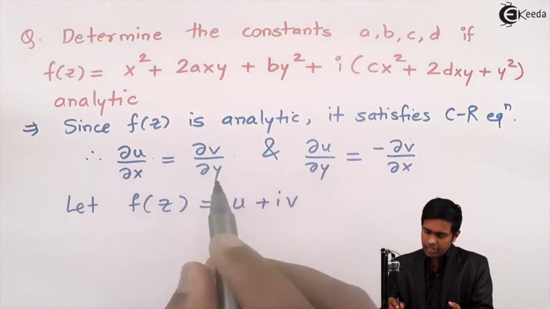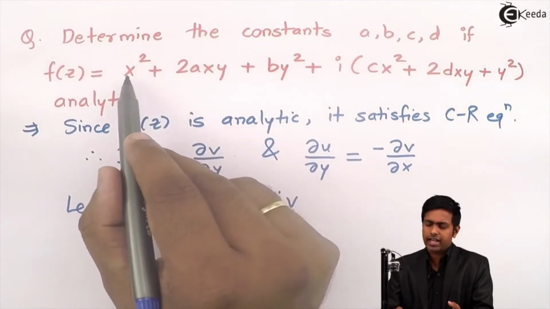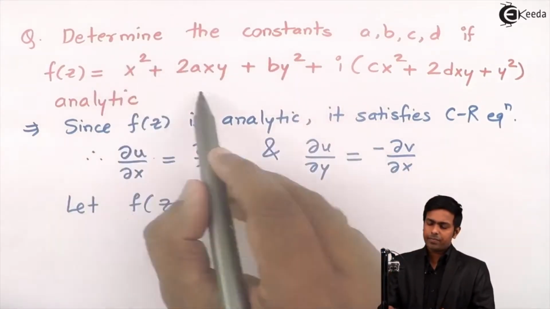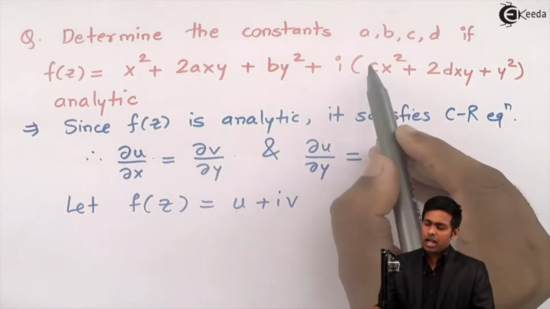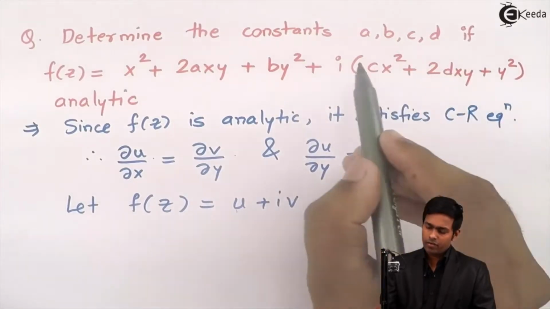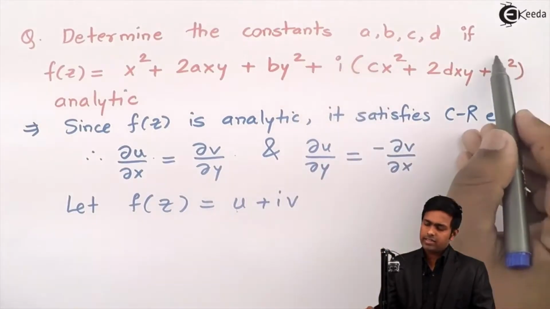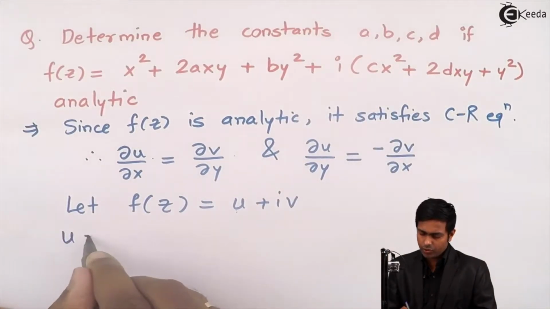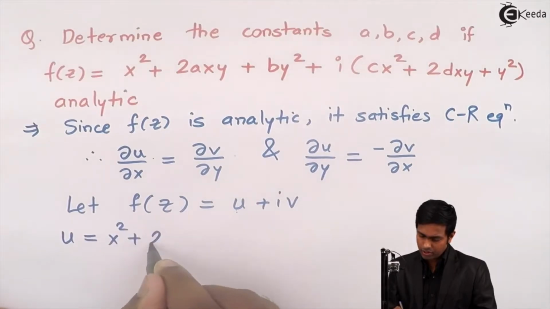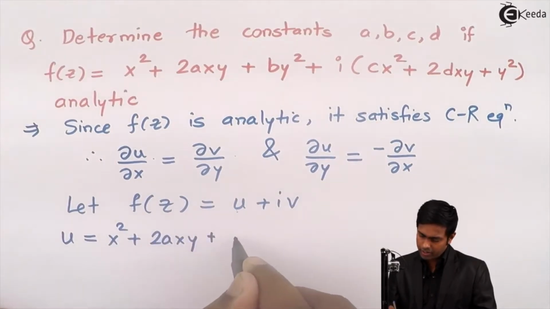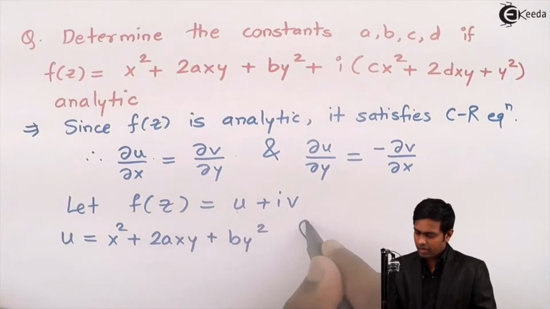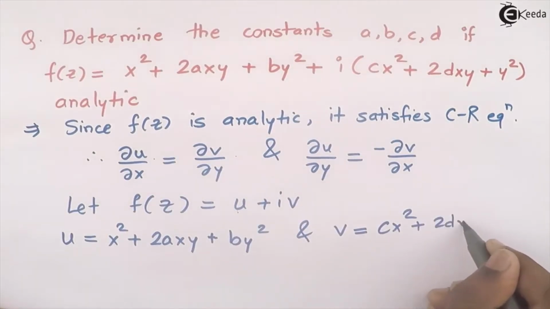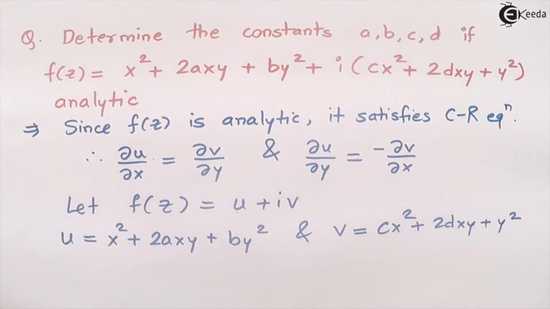The real part here is x² + 2axy + by². So u is equal to x² + 2axy + by², and the bracket given with i is the imaginary part, so v is equal to cx² + 2dxy + y².